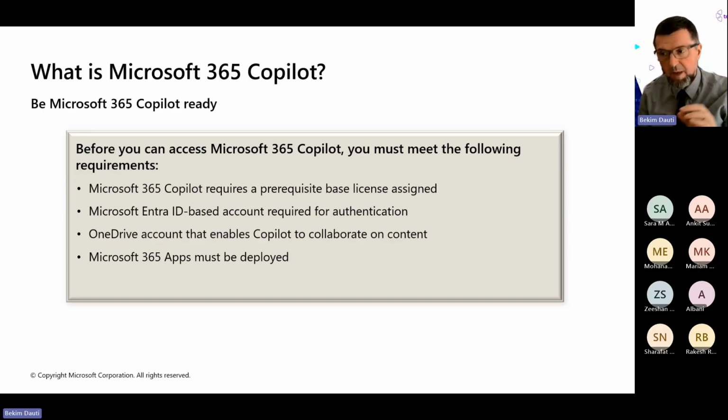Okay, so that would be one simplistic definition of Copilot. Definitely, we might go on and say that it's imitating or mimicking humans, but at least from the very technical profile, that's pretty much what Microsoft 365 Copilot is.